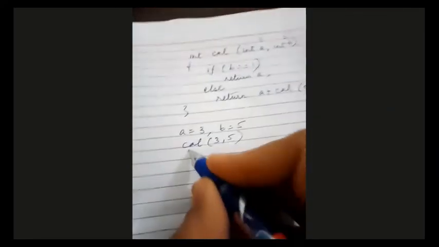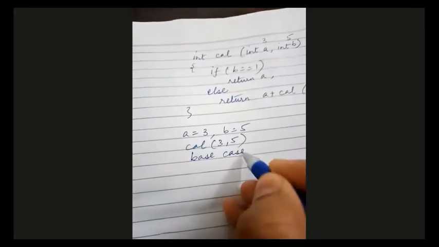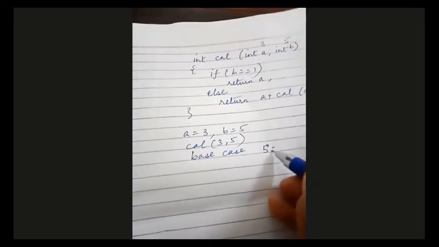This is the question, when a is 3 and b equals 5. First time the cal function is called with the values 3 and 5. Base case is what? 5 double equals 1. This is false.